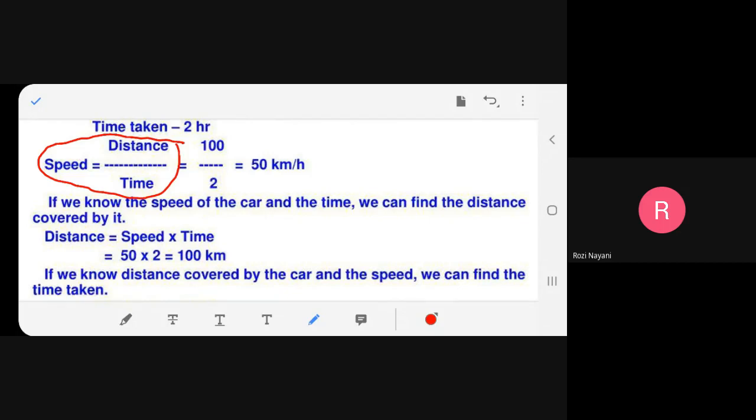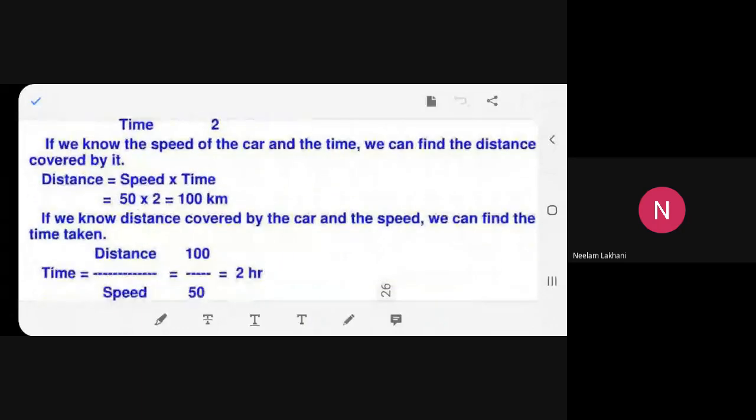What is the value of distance? 100. What is the value of time? 2. So what we got? 50. This was kilometers and this one was hours, so we wrote kilometer per hour. Any problem? No. Now next.